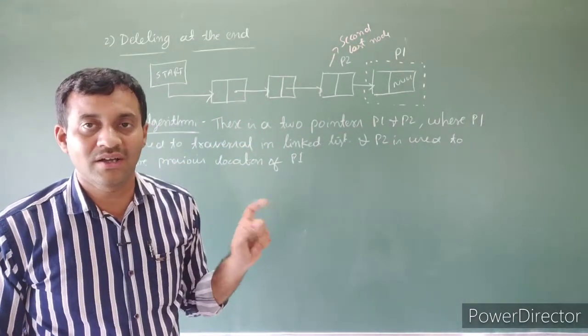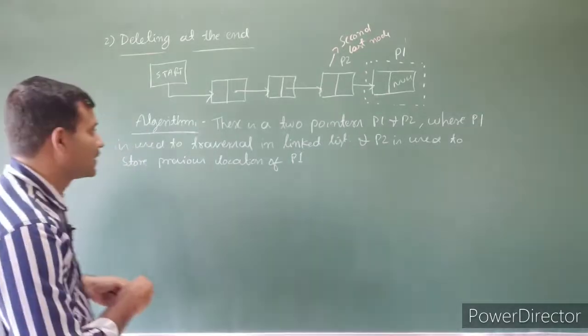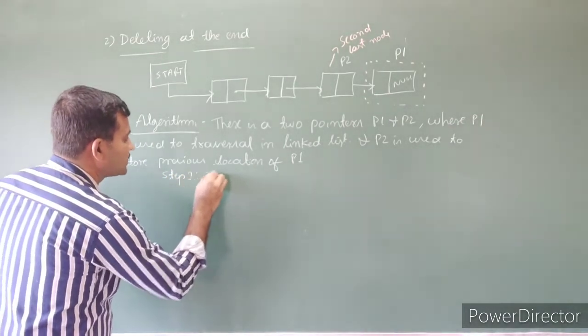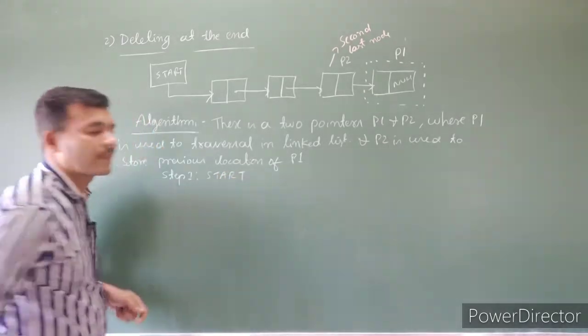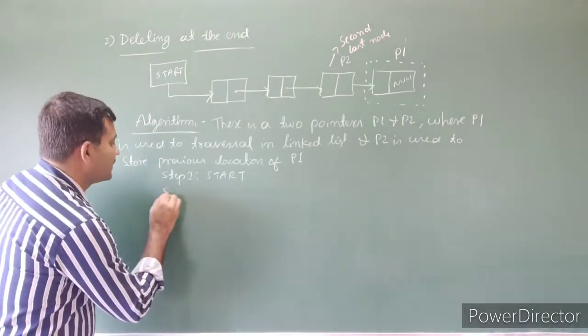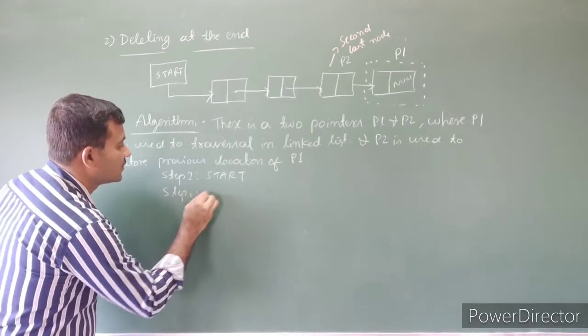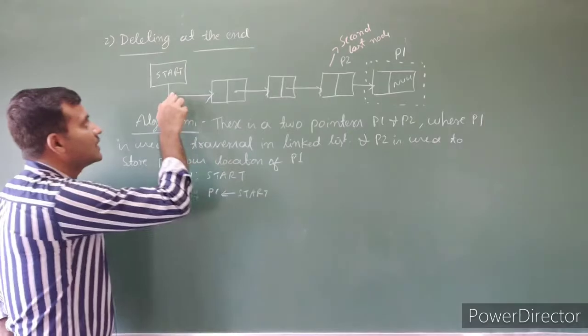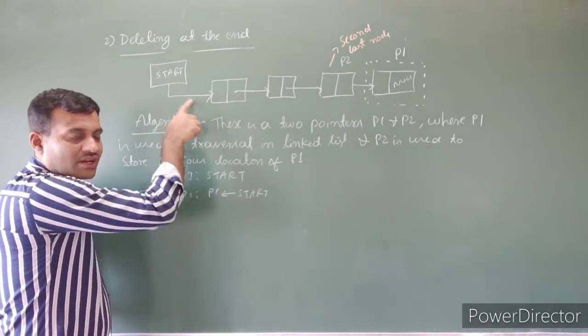That is the algorithm. Let's write the algorithm. In step 1, start. Then in step 2, P1 ← start. For P1, assign the starting point start.